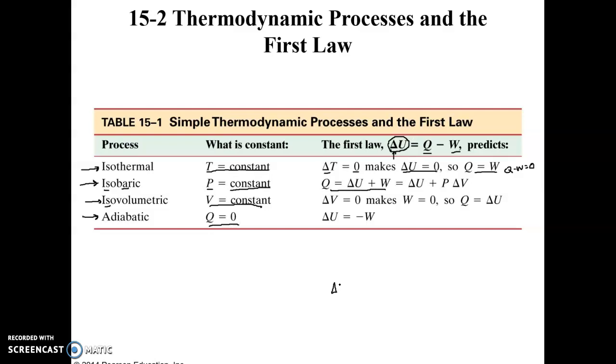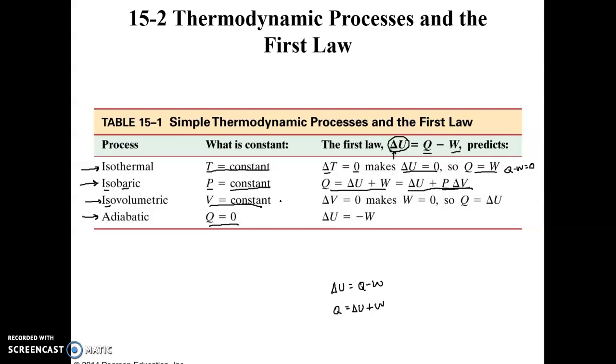Instead of delta U equals Q minus W, if we solve that for Q, then Q is going to equal delta U plus W. The work done, we said before, was P delta V. So we'll just tuck this away for now. This will perhaps be more useful later on, but for an isobaric system, Q equals delta U plus P delta V.